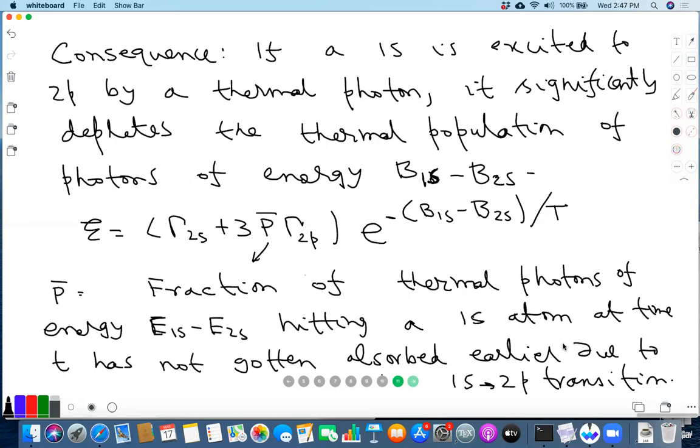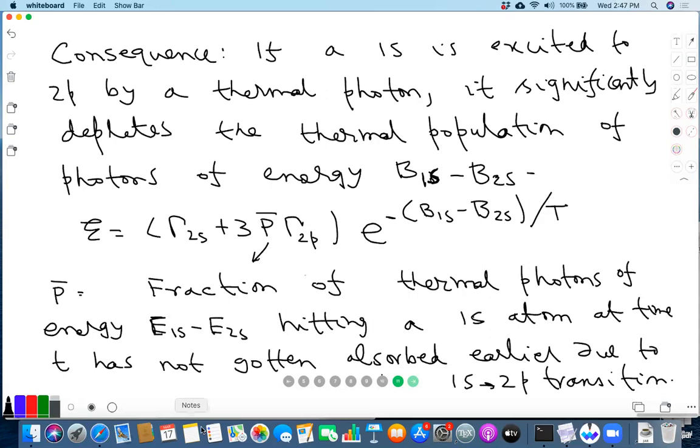Because the point is that the absorption of the thermal photons in making the 1s to 2p transition has an effect on the bath. And that's why you have to look at this probability. For 2s, there is not much problem because the 1s to 2s transition happens via 2 photons, and that requires much less energy per photon. So you can ignore this effect there. Okay, but for 1s to 2p, which happens by a single photon, this p bar is important.